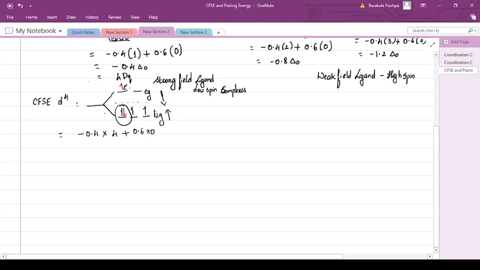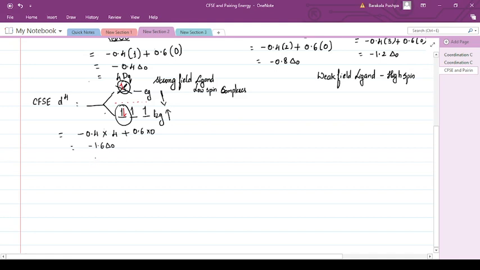Here, since it is a low spin complex and a strong field ligand, the magnitude of the splitting is very high. The electron will not be occupying this level, but rather gets paired up in the T2G level. Hence, you have minus 1.6 delta O.